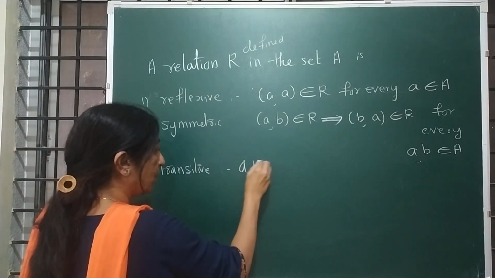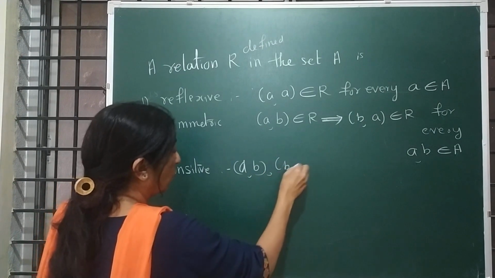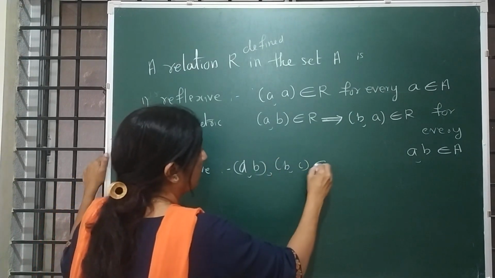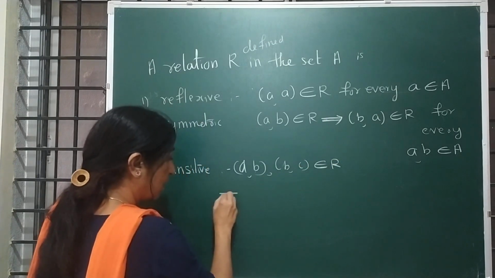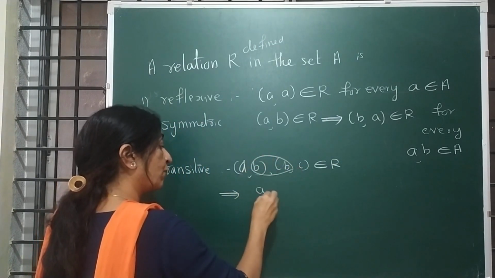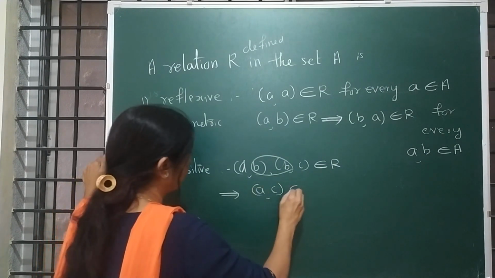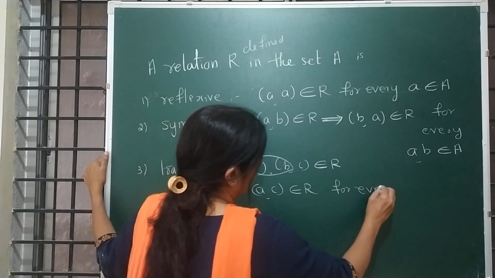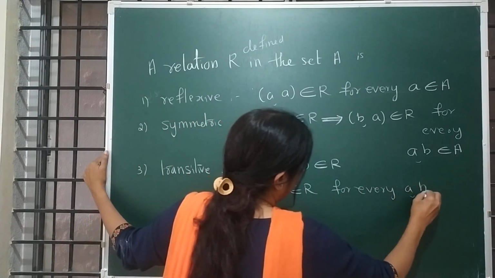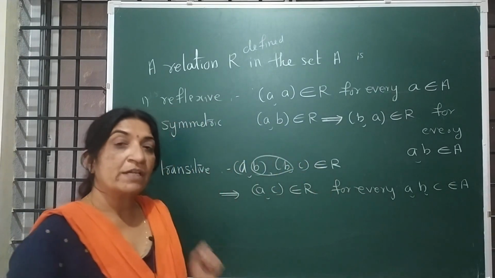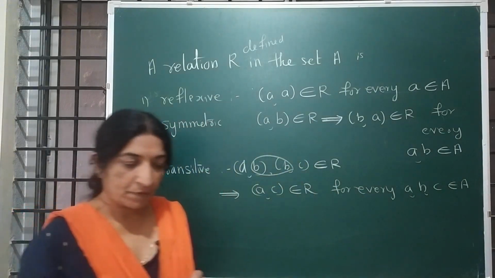(A, B), (B, C): the end point and starting point are the same, belonging to R. If these 2 are present and after eliminating the middle you find (A, C) also in R, for every A, B, C belonging to A. See, so simple. The only thing is you have to understand the concept.